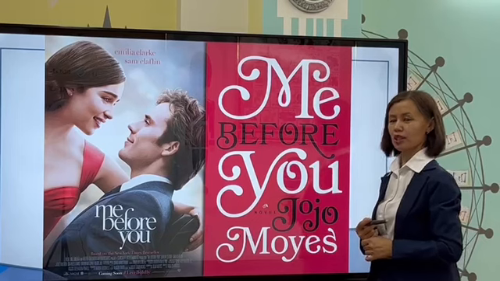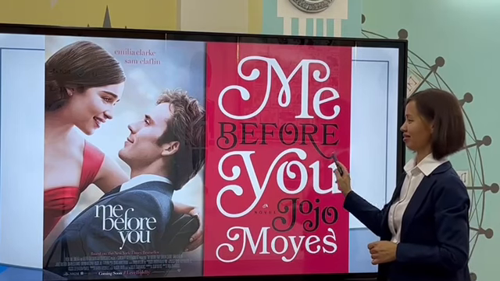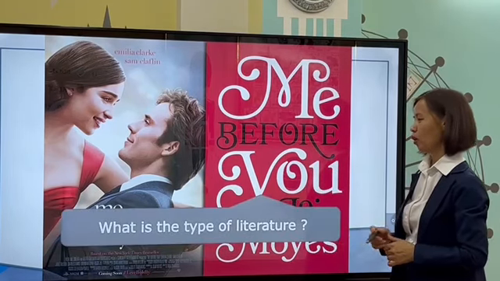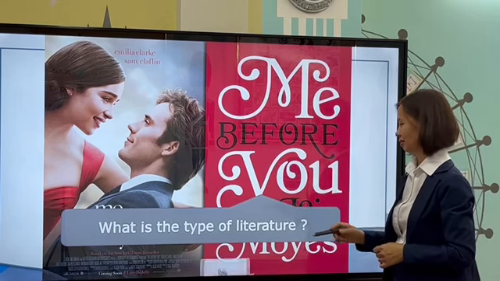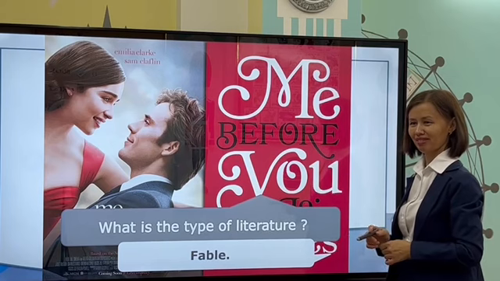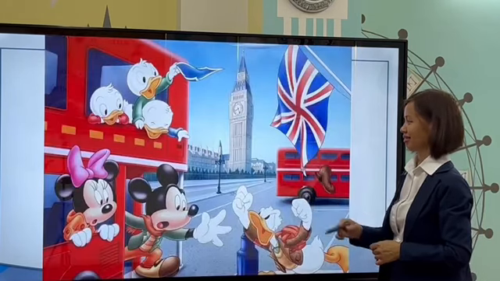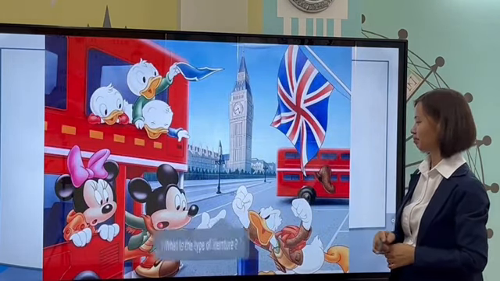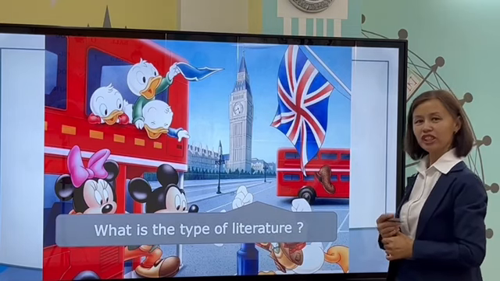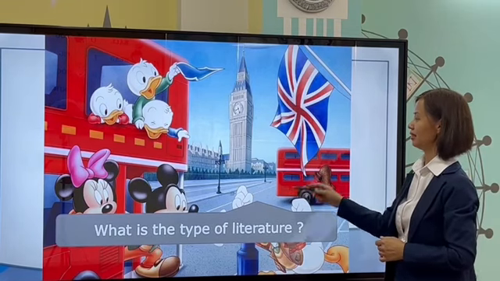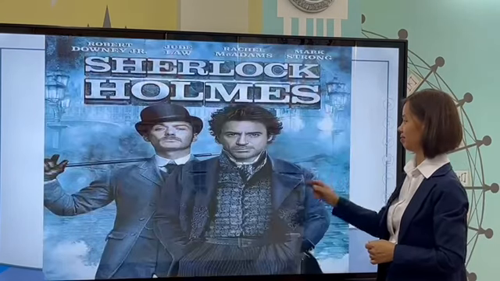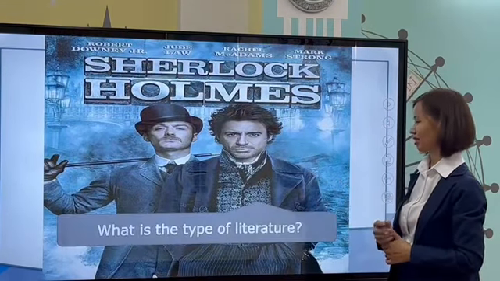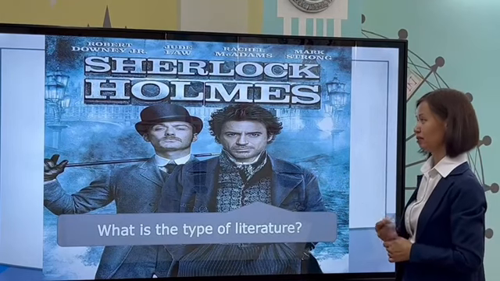Okay. Now children, answer the questions. What is a type of literature? Fable. What is a type of literature? Fairy tale. Yes, you are right. What is a type of literature?